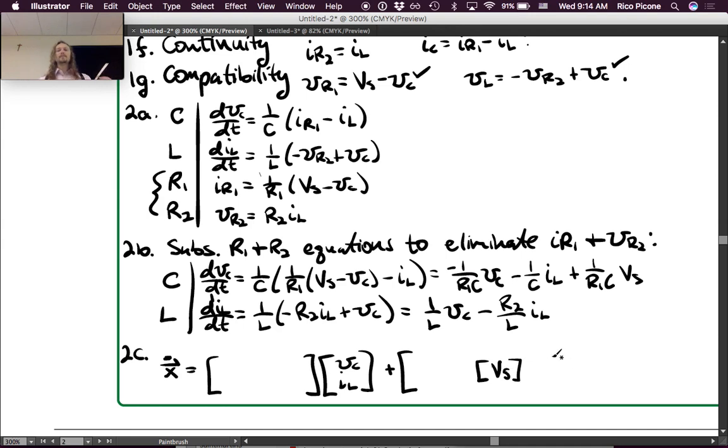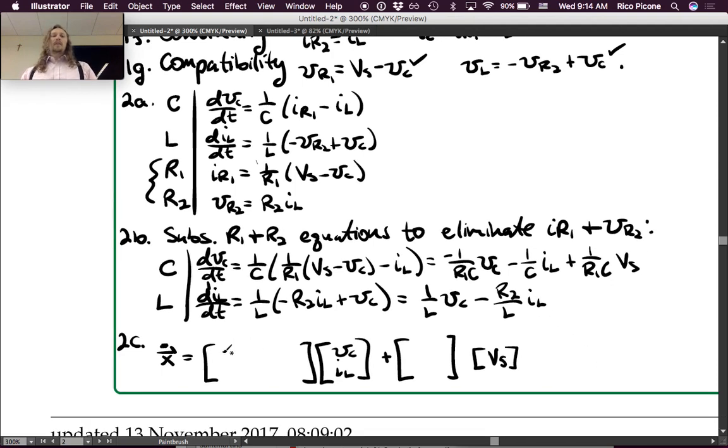Vs. Therefore, it has to be a 2 by what? 1. Exactly. So it needs to match that inner dimension of 1 there, and so it has to be 2 by 1. So essentially we just need to transcribe these scalar equations into this form. It always looks like this, so now we just need to fill in the blanks.